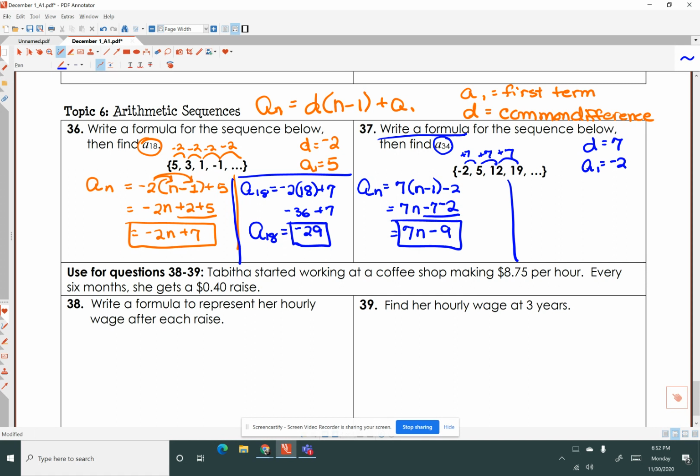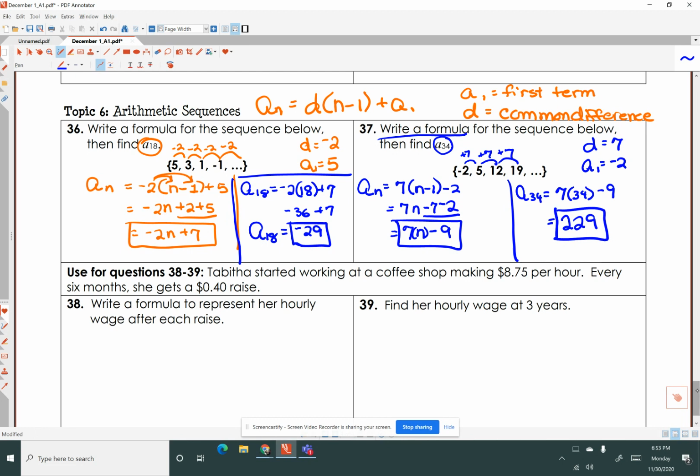That's our formula. Now we're going to use that formula to find the 34th term. So A sub 34 equals 7, and we'll put parentheses around the n, and we'll substitute 34, minus 9, and that will give us 7 times 34 minus 9 is 229.